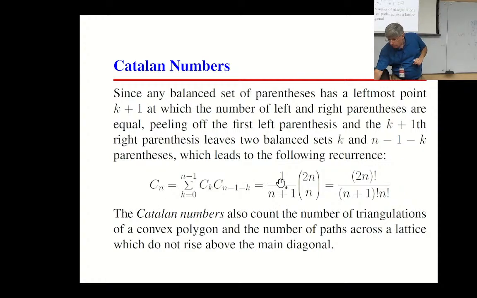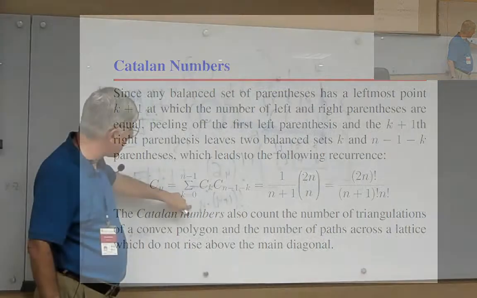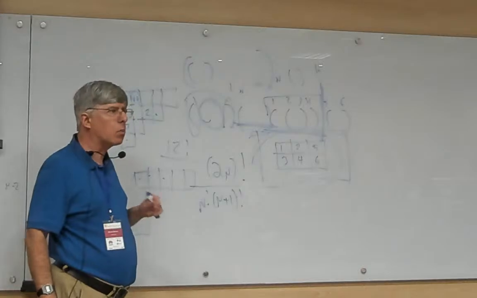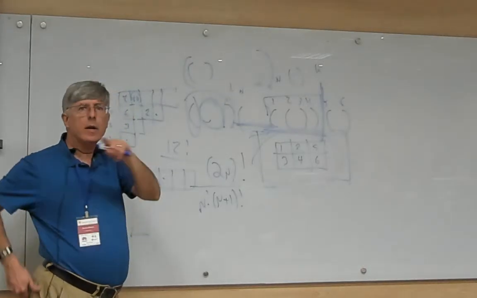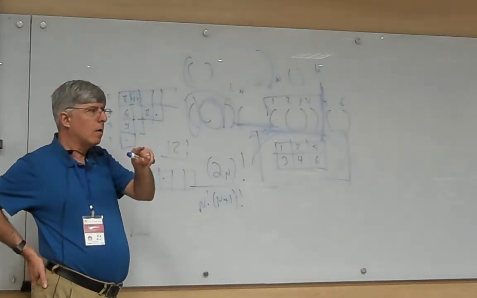So if we look at this recurrence and solve it, the closed form for the nth Catalan number is, and sure enough, it is 2n factorial divided by n factorial divided by n plus 1 factorial. Any questions about that? Okay?